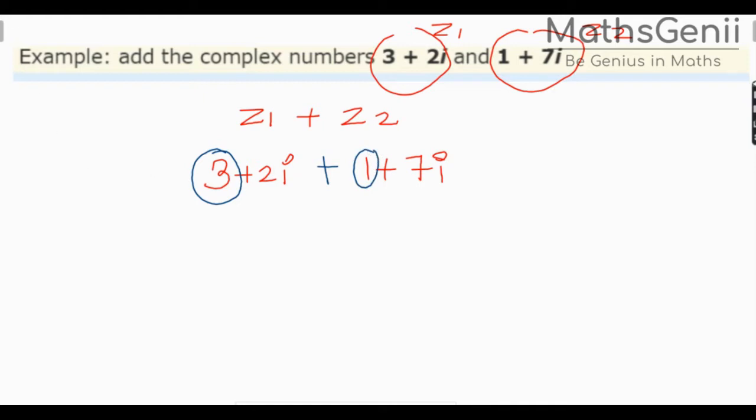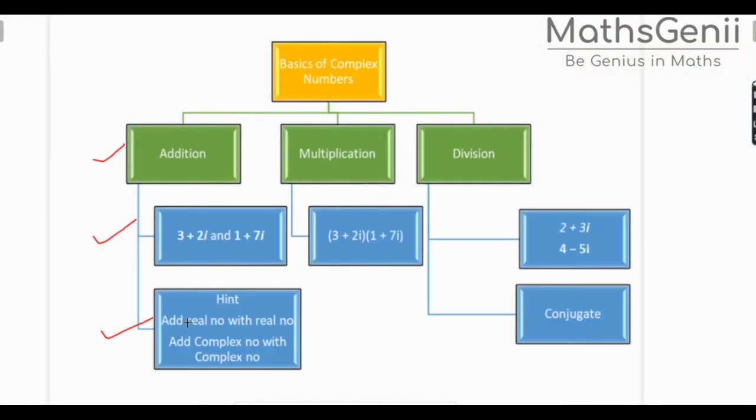So what will be the answer? 4. Then again, this is imaginary and this is imaginary. So 7 plus 2, 9i. Simple. So you understood what the hint was. Add real with real, imaginary with imaginary.